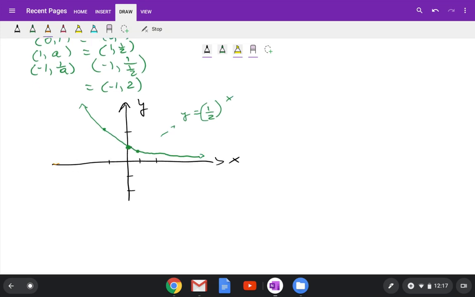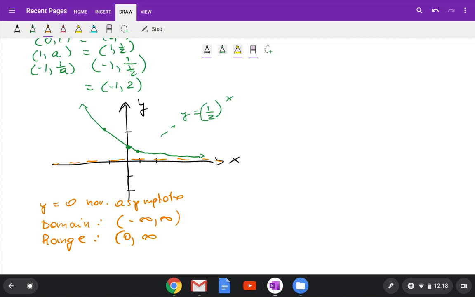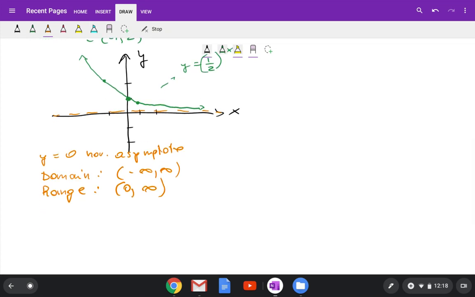Don't forget that we have a horizontal asymptote, y equals 0. Domain, still no change, from negative infinity to infinity. Range is from 0 to infinity, those are the y values. The function is decreasing, and we have the y-intercept y equals 1, that's 0, 1.